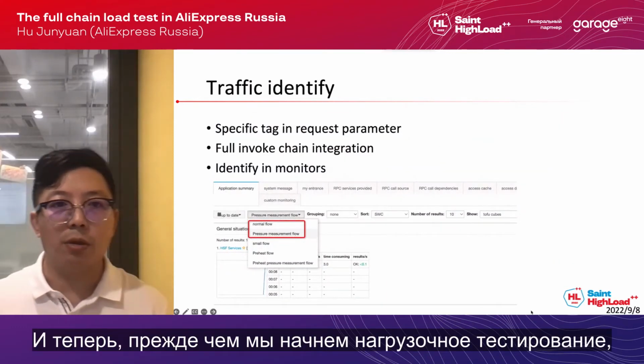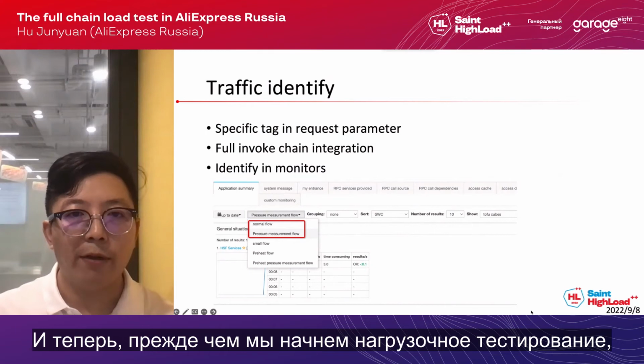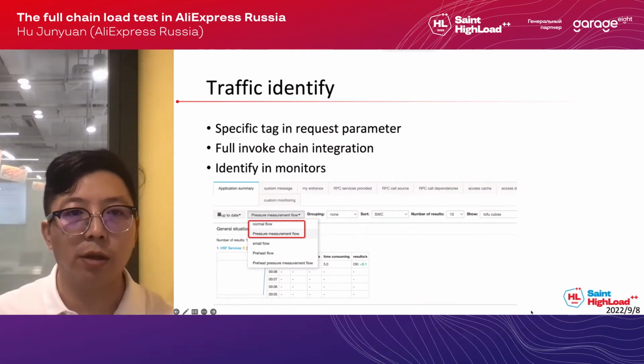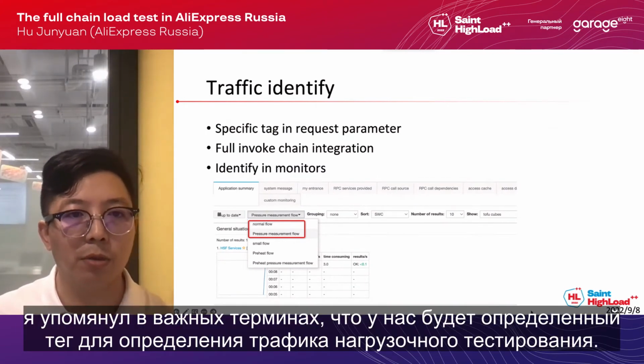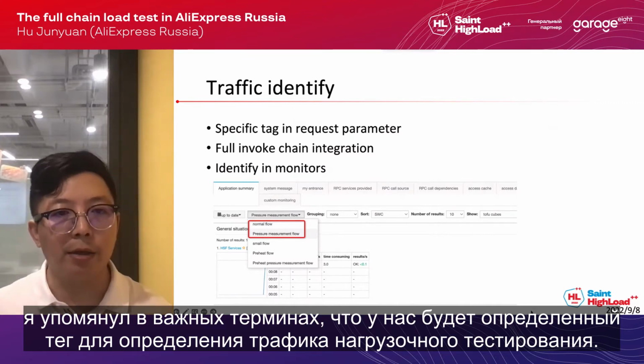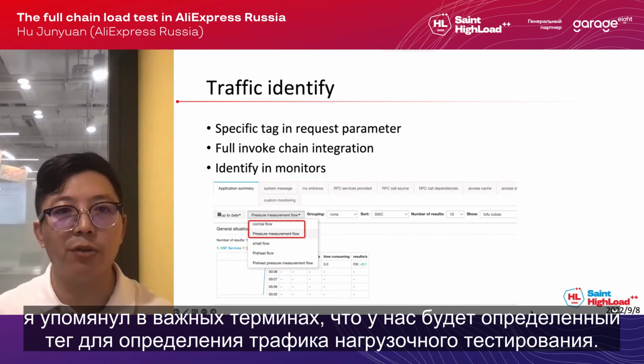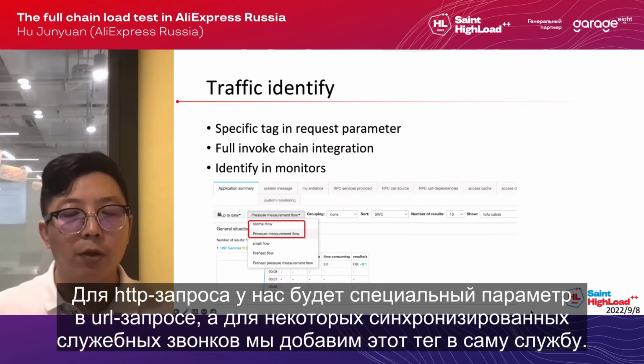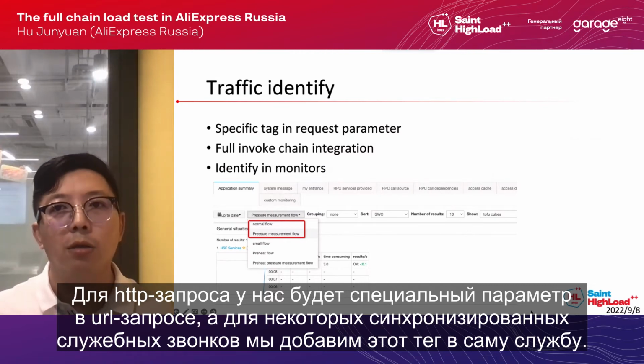Then before we start the load test, as I have mentioned in the important terms, we will have a specific tag as the load test traffic identifier. For the HTTP request, we will have a special parameter in the URL request. And for some synchronized service calling, we will add this tag in the threads.